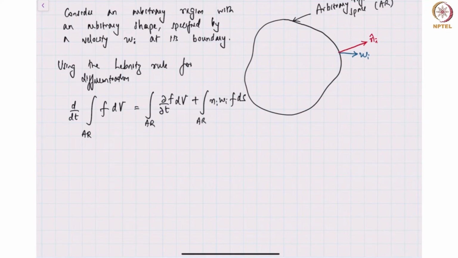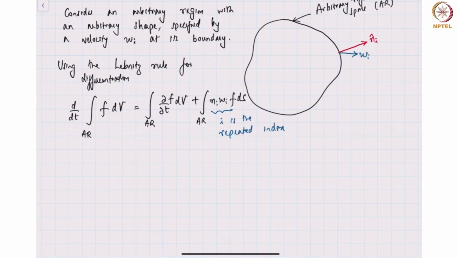Again, notice that i is a repeated index. I've just written f without any index, so I'm referring to a scalar.